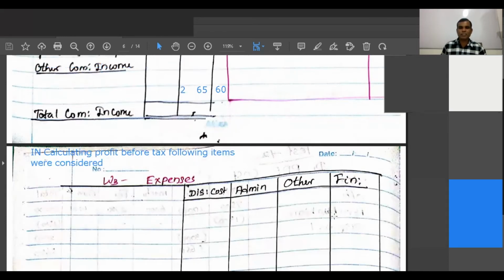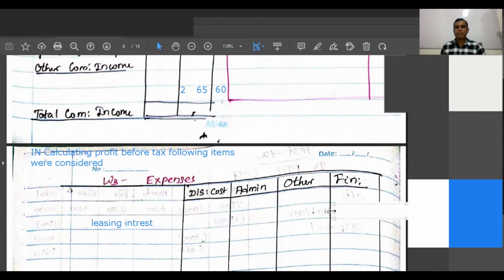Now examining the workings of financial cost. Now here he considers financial cost. Assume that leasing interest is there. Leasing interest, financial value, that is 30.